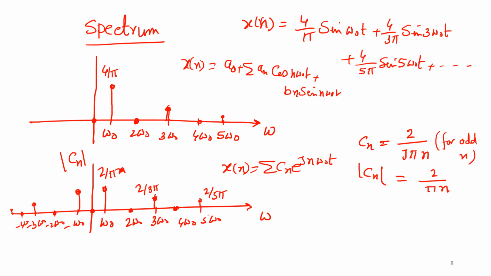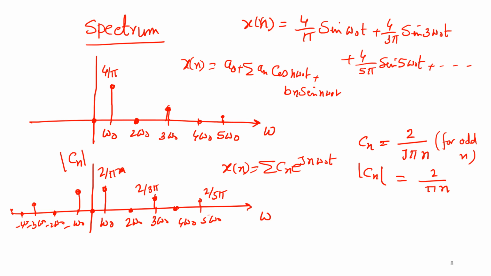So if both sine and cosine terms exist, then we have to combine these two together. Then we have to consider the resulting magnitude. That will be square root of an square plus bn square. Here it is only sine terms. That's why it is very easy for us. Okay. But here there is no negative side, only the positive side.